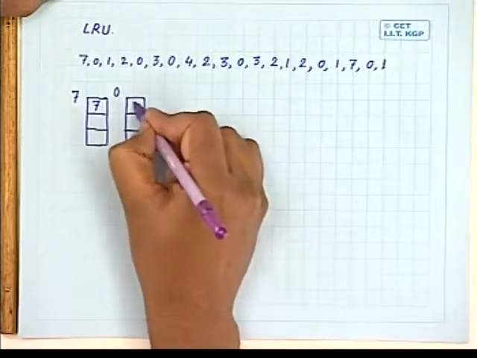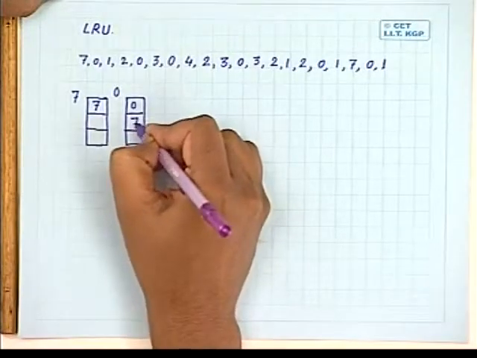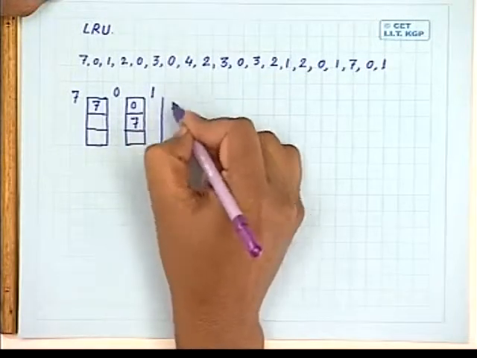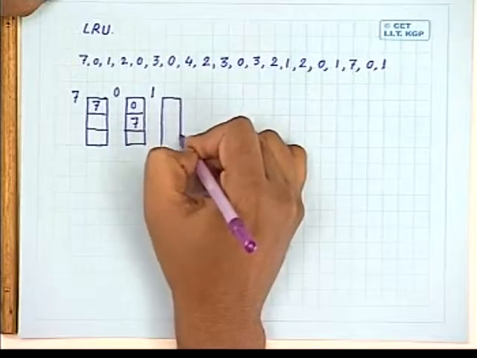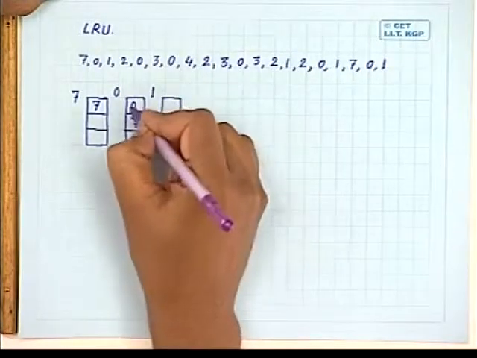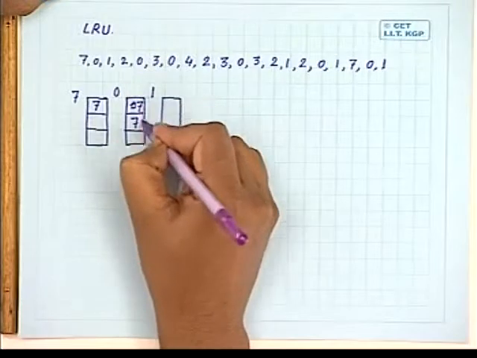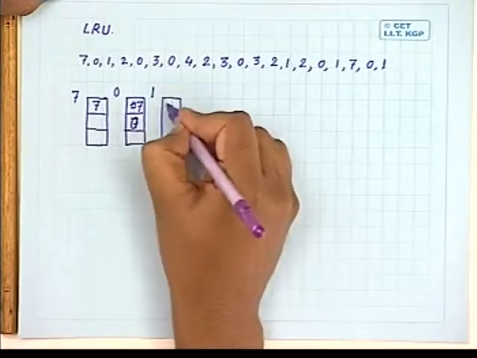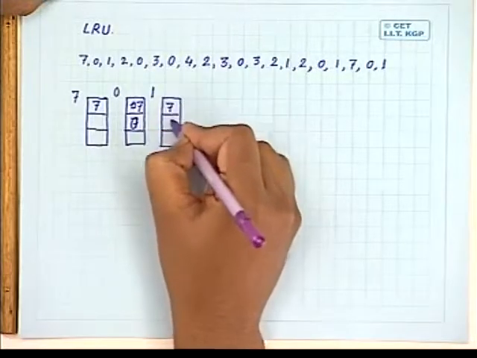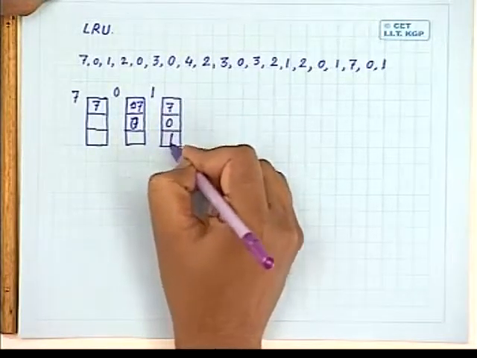So the situation will be 0, 7. Next time when page number 1 is referred, again the last frame that is available will be used to accommodate page number 1. So here it will be 7, 0, 1.